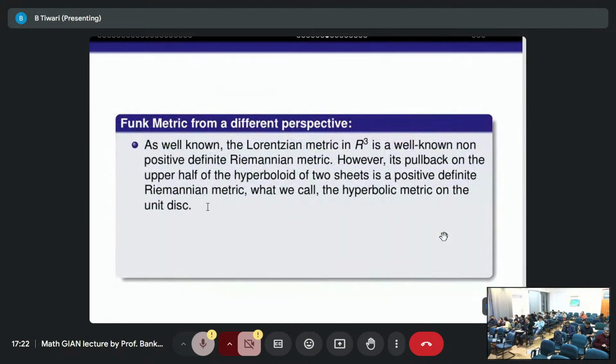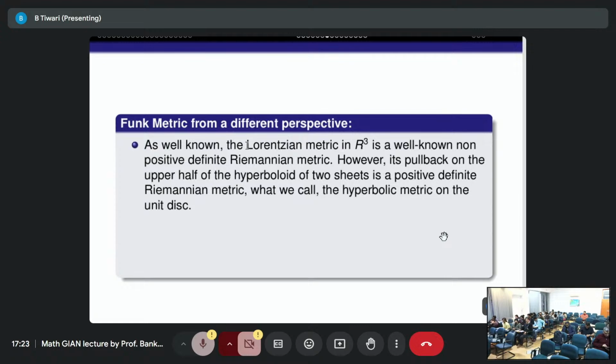Now, further, you can see this Funk metric from various perspectives also, right? So for instance, everybody knows, like in hyperbolic geometry, this Lorentzian metric is a non-positive definite metric in R3. In fact, you can think of it in R^(n+1) also. So it's a Lorentzian metric.